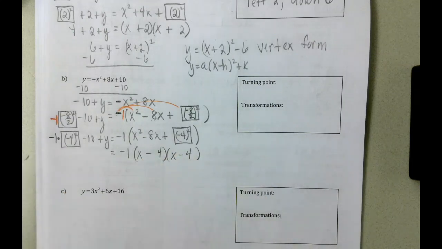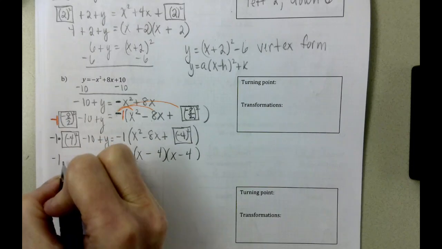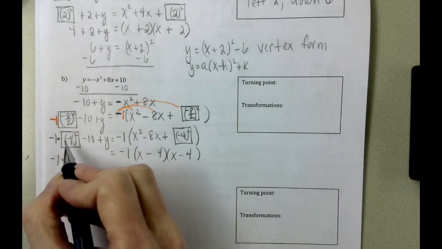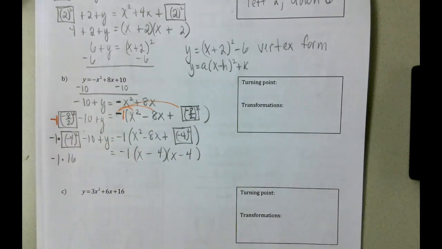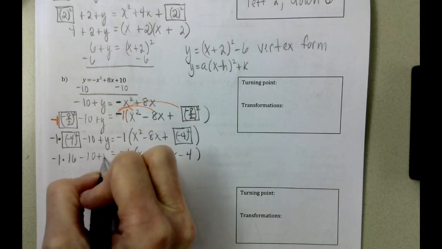And now we can start simplifying over here on the other side. Well, this is going to be negative 1 times 16. Negative 4 squared, if you need to, type that into your calculator. Make sure that you put parentheses around the negative 4. Minus 10 plus y.